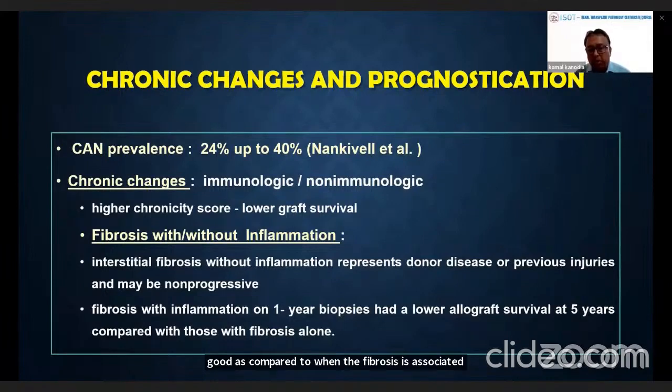And on a 1-year post-transplant biopsy, if we don't see fibrosis with inflammation, the graft survival at 5 years is quite better than when only fibrosis is there. So it has a lower graft survival. Inflammation is not a good sign. So one should check, especially a nephropathologist, whether interstitial fibrosis with inflammation and infiltration of cells is there, or only interstitial fibrosis is there.